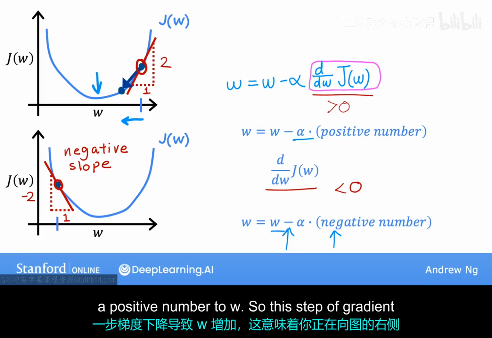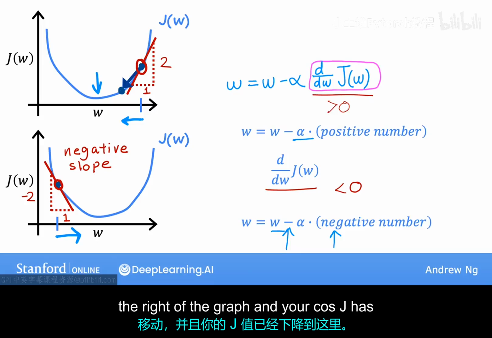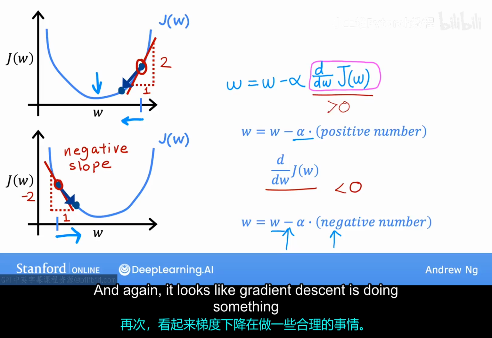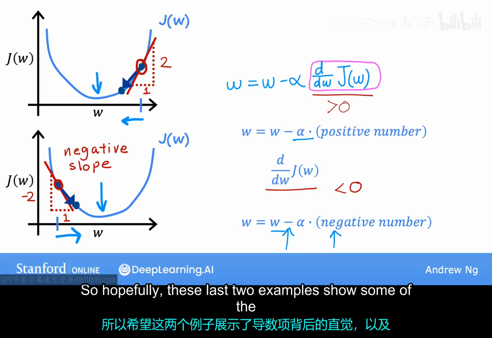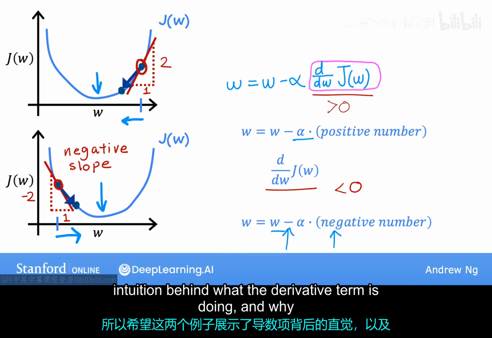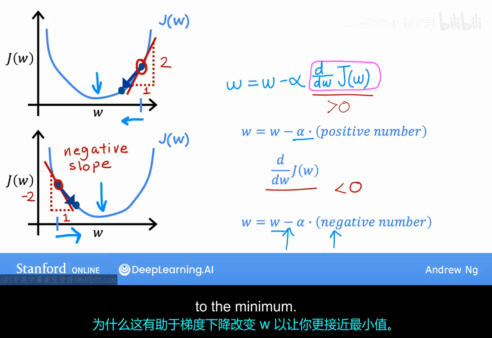So this step of gradient descent causes w to increase, which means you're moving to the right of the graph, and your cost J has decreased down to here. And again, it looks like gradient descent is doing something reasonable. It's getting you closer to the minimum. So hopefully, these last two examples show some of the intuition behind what the derivative term is doing and why this helps gradient descent change w to get you closer to the minimum.